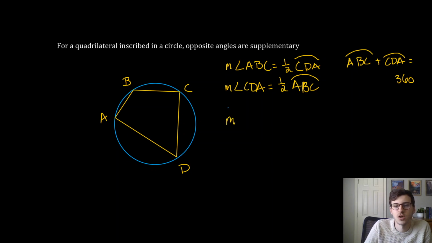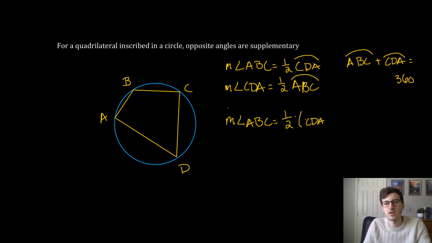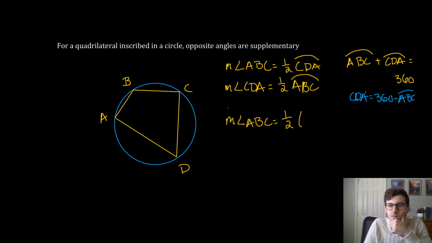So the measure of arc ABC is equal to half arc ABC, sorry. So here, CDA equals 360 minus ABC, right? Okay, so then this is 360 minus ABC.